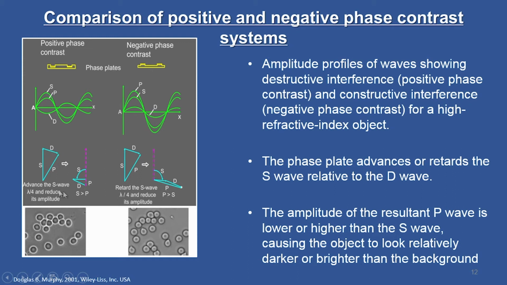The polar coordinate diagram also shows that the angle is rotated counterclockwise because the S wave is advanced. Here it is retarded, it is a clockwise rotation, and you can see the clear difference in the contrast enhancement of the objects because of this phase contrast effect.